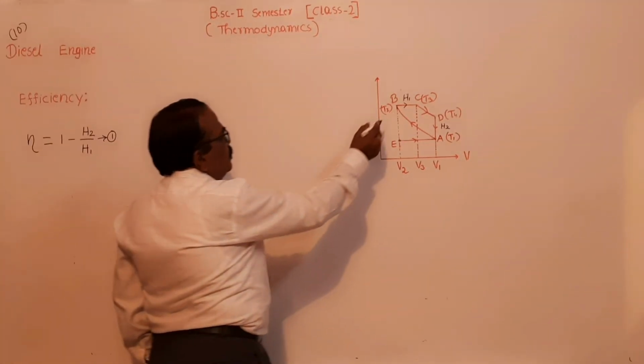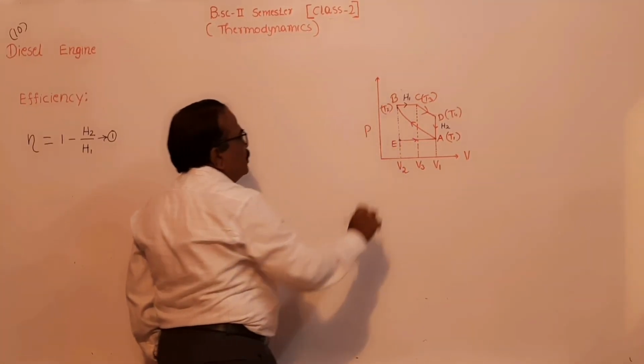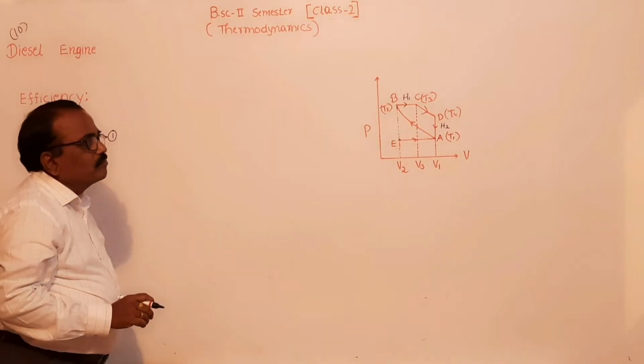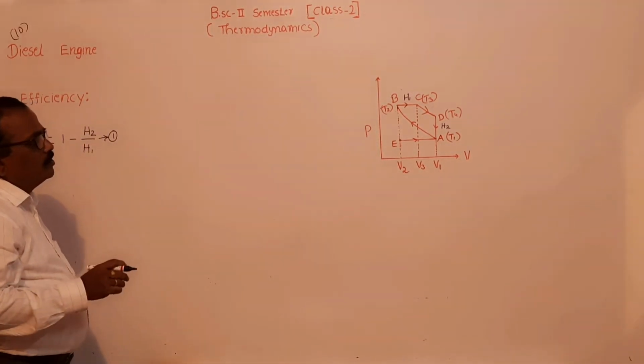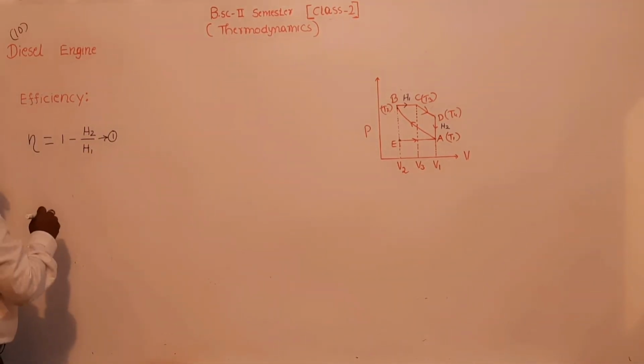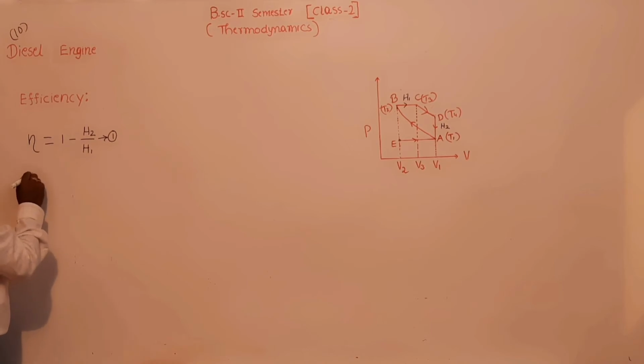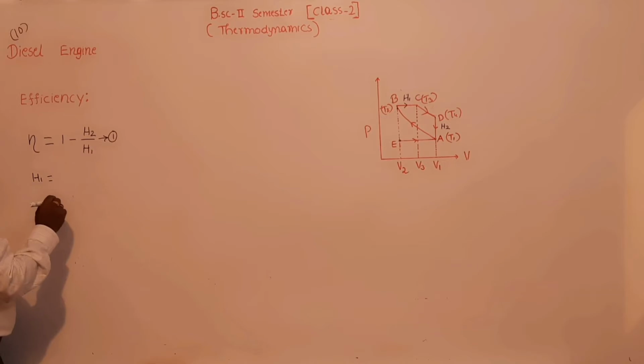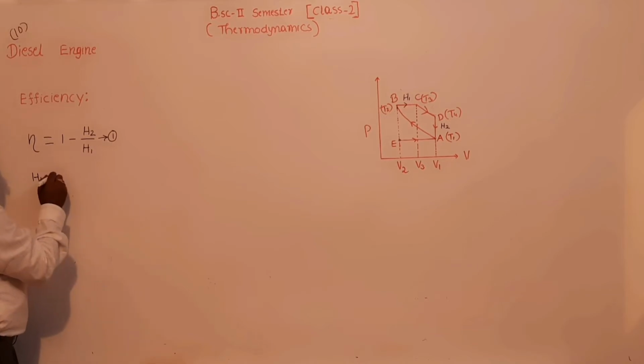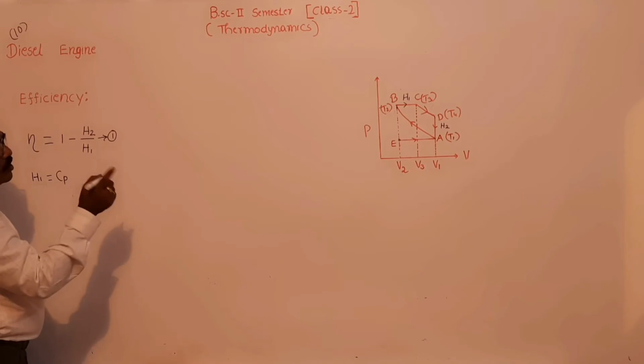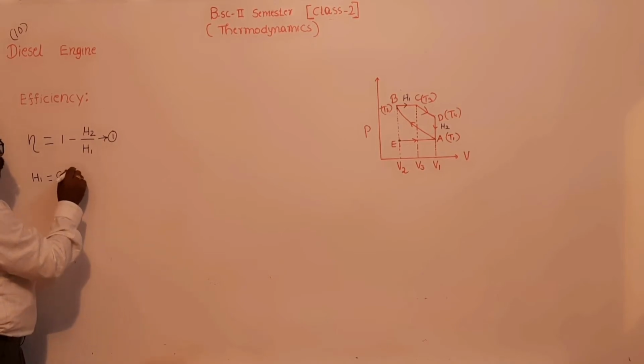From B to C, pressure is constant but volume changes. Then H1 is the specific heat at constant pressure times the change in temperature, T3 minus T2.